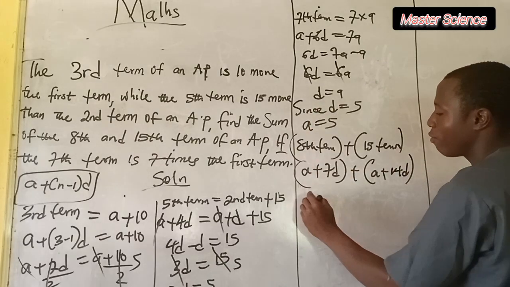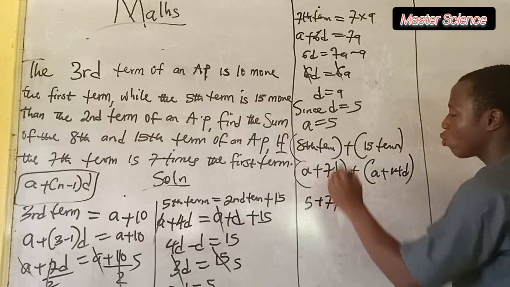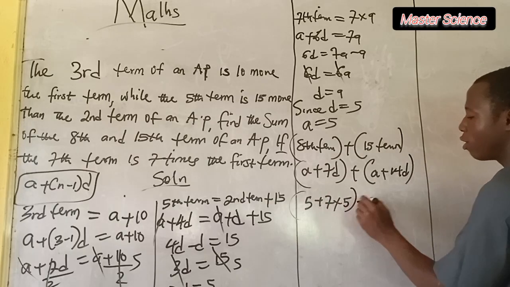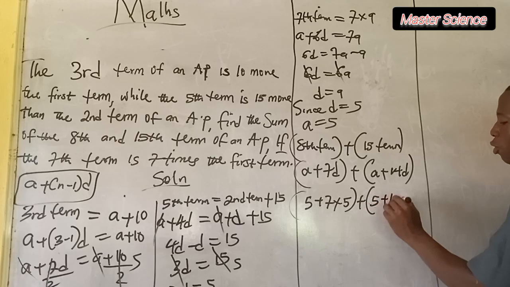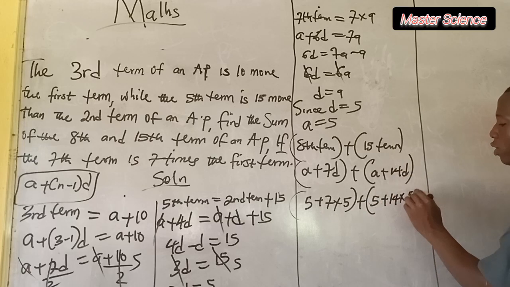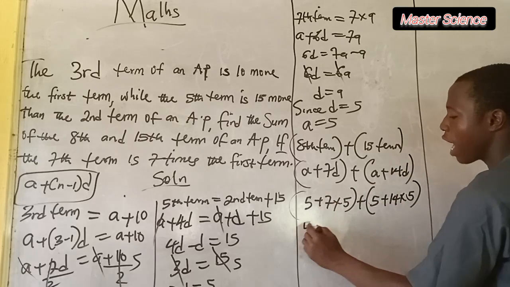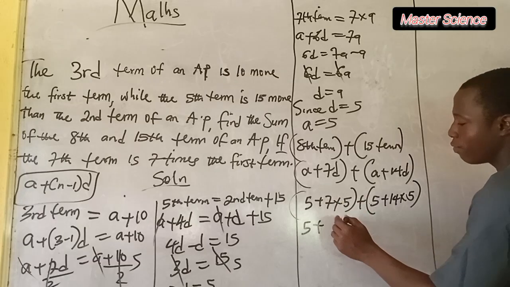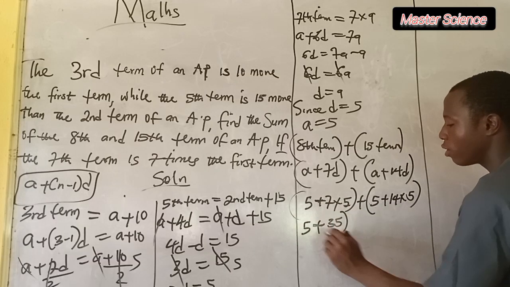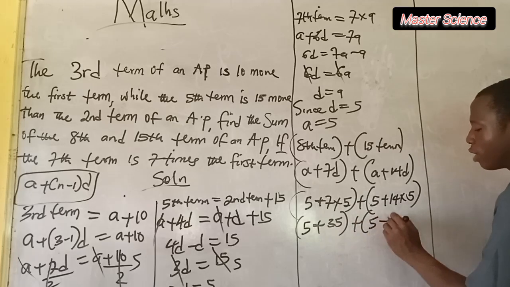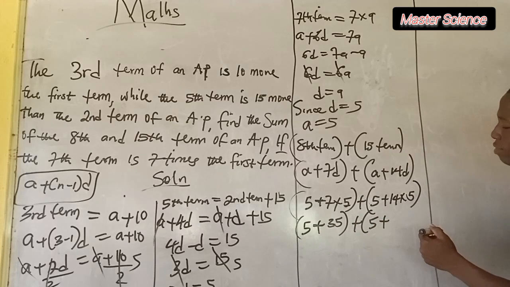My first term is 5, plus 7 times my common difference 5, plus 5 plus 14 times 5.